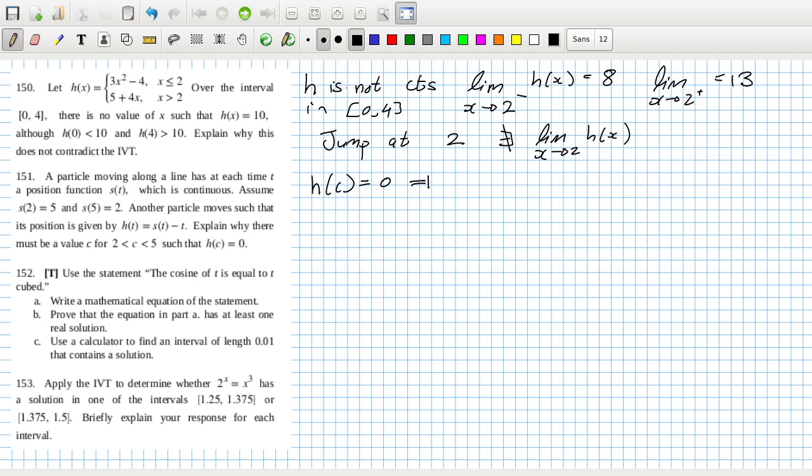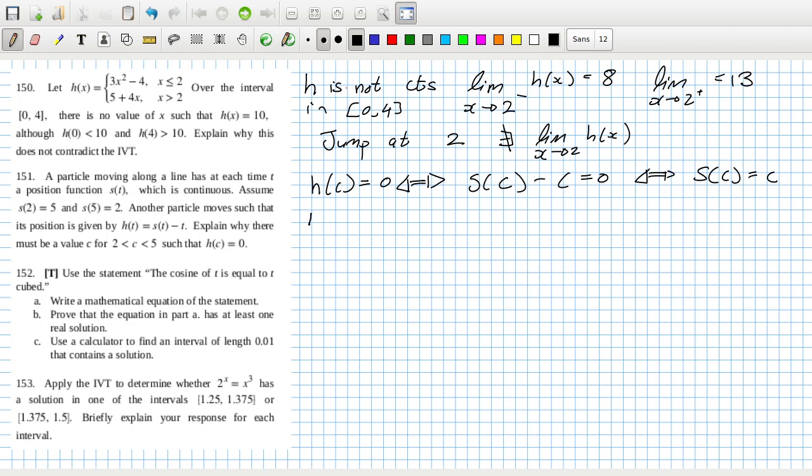Which means that s of t minus t, or I should rather say s of c minus c equals 0, which means that s of c must equal c.